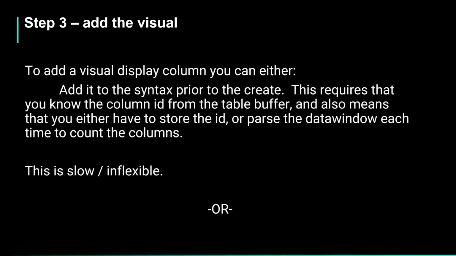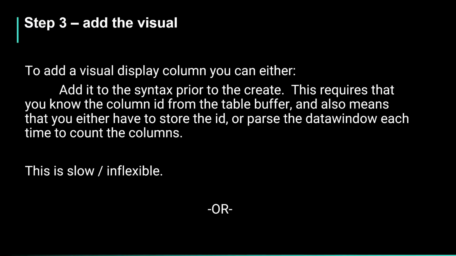The last step is adding the visual component to it. Again, it's not always required. There's two ways to do this. In my opinion, one is to actually count the columns that you've been creating automatically in the definition, as well as the automatic ones you've added yourself. If you do that, then it's essentially one way of doing it.